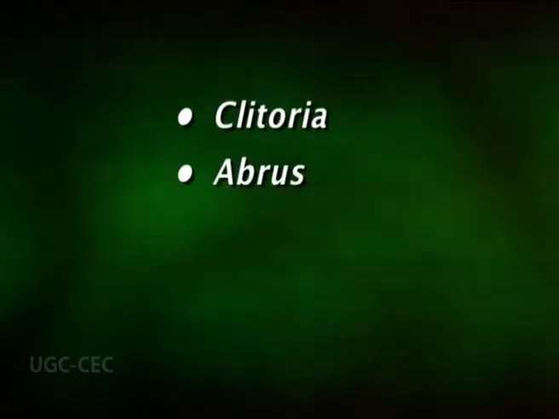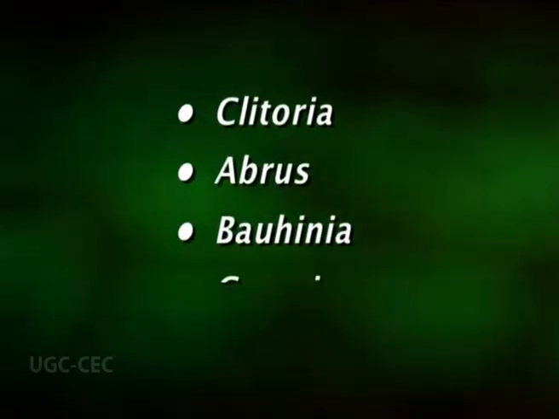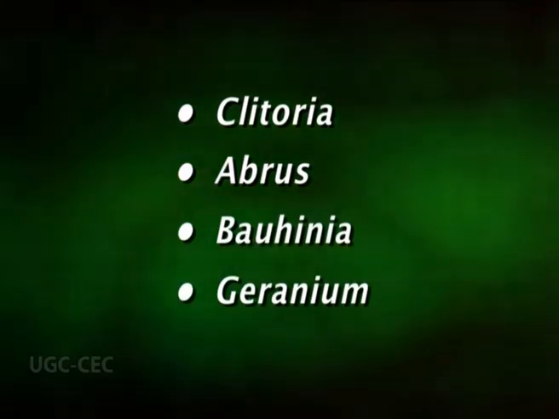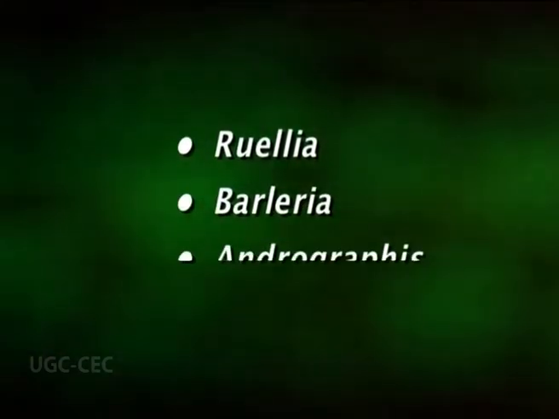Similarly, the fruits of Clitoria, Abrus, Bauhinia and Geranium burst open suddenly. Seeds in Ruellia, Barleria and Andrographis, etc. are located on small projections called jaculators or retinaculae. Jaculators push out the seeds with a jerk to effect their local dispersal.